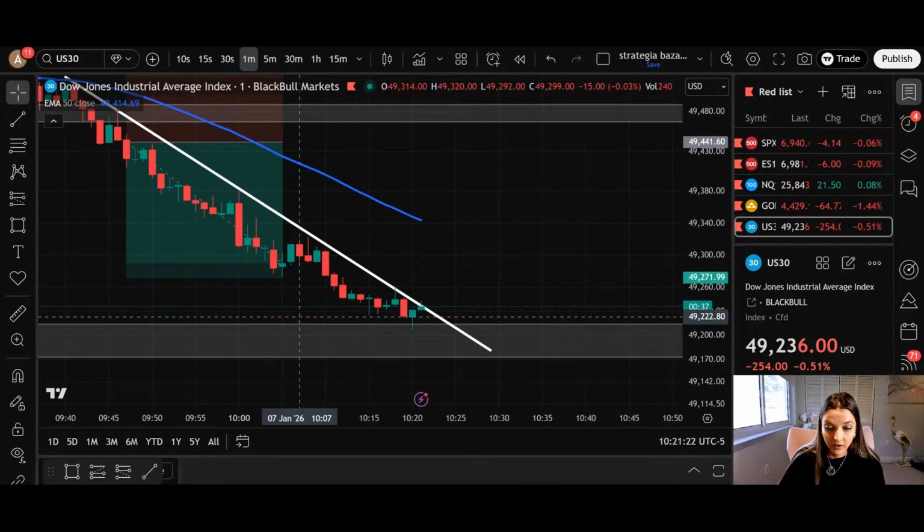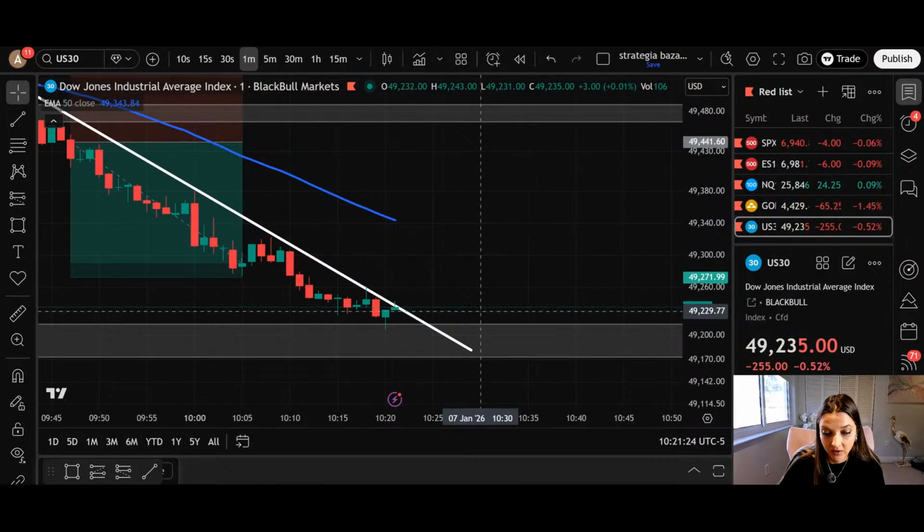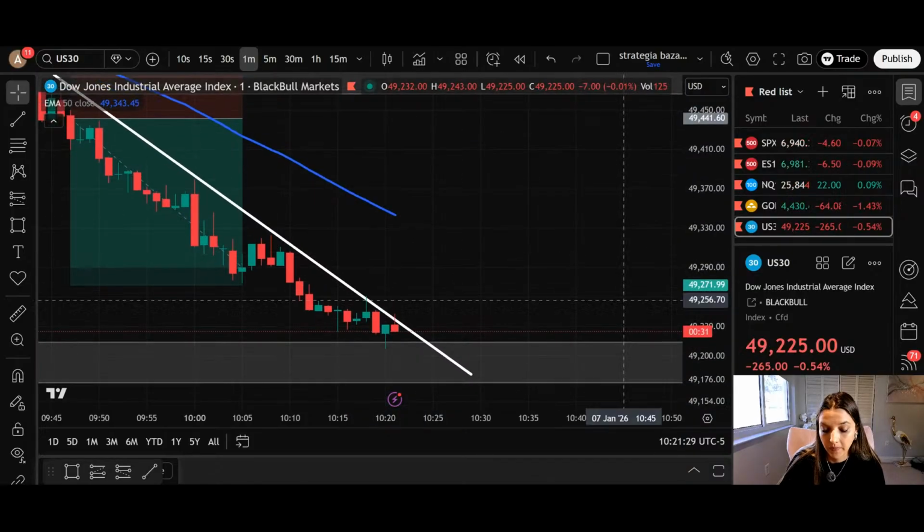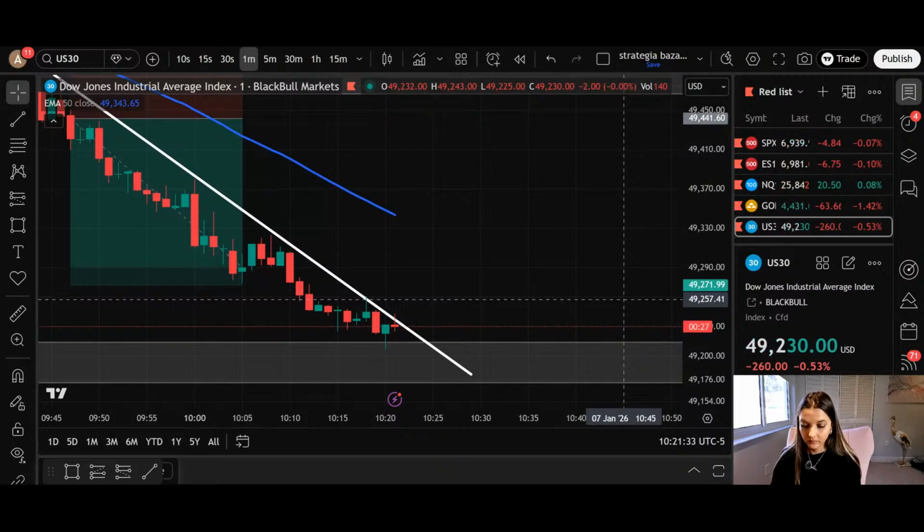Let's see. Look, you can call this a retest soon if it breaks. Let's wait.